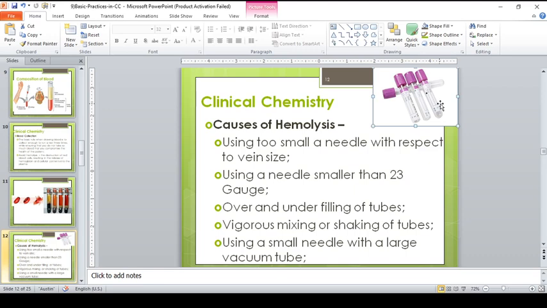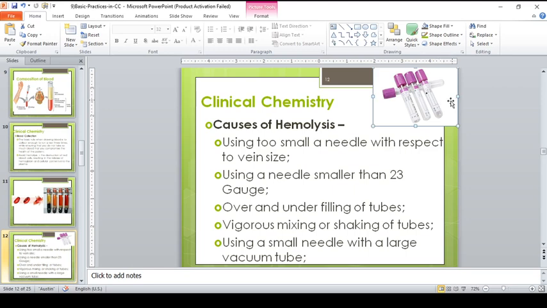But overmixing or vigorous mixing may lead to hemolysis. For example, the recommended inversion for an EDTA tube is only 8 inversions. Vigorous mixing or overmixing of tubes may lead to hemolysis or lysis of the red blood cells. Another cause is using a small needle with a large vacuum tube.